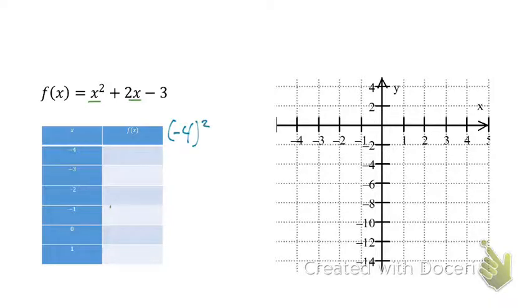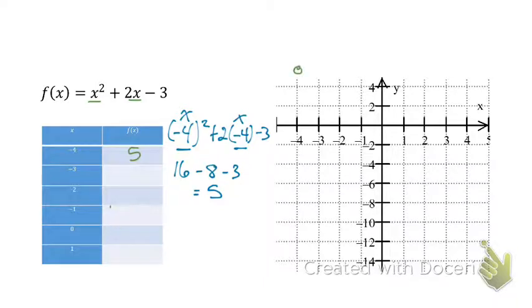So we have -4 squared plus 2 times -4, subtract 3. So the x's were replaced with a -4. So our first item would be 16. 2 times -4 would be -8, subtract 3 more. 16 minus 8 would be 8, subtract 3 more would be equal to 5. That's going to give us our first value in the table, -4, 5.